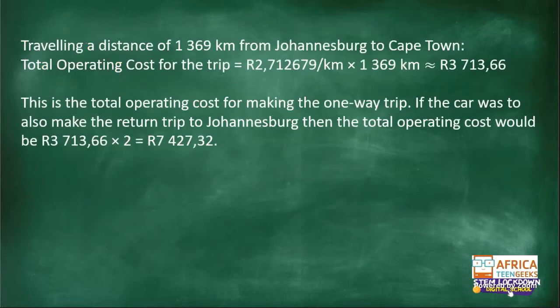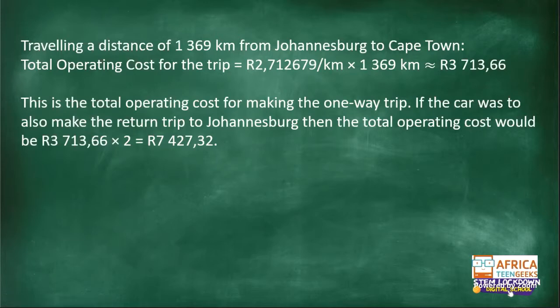And of course, you will see that in the same trip from Johannesburg to Cape Town, the total operating cost of the trip will be, you take the whole decimal fraction, that is R2.71. But of course, you take the whole decimal figures there. You don't round off, like I said, until the final answer.